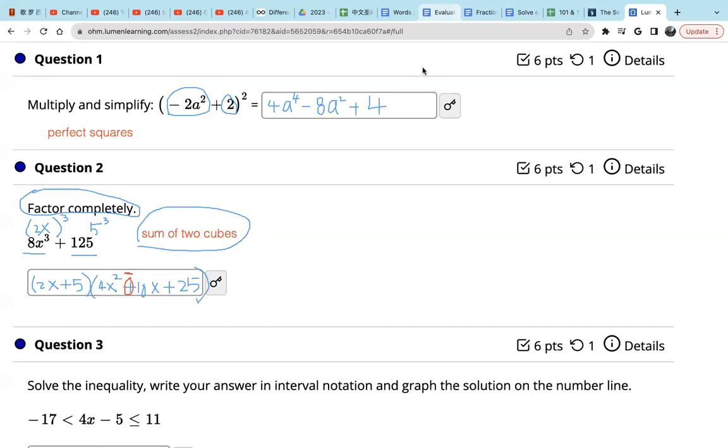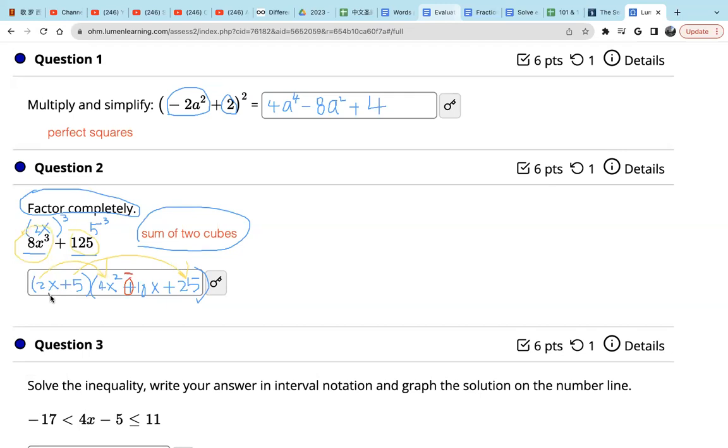Well, let's check our answer to see if we did it right. So multiply 2x with 4x squared, we do get back 8x cubed. Multiply 5 with 25, we do get 125. So that means the middle terms all canceled out. Let's see how they cancel out.